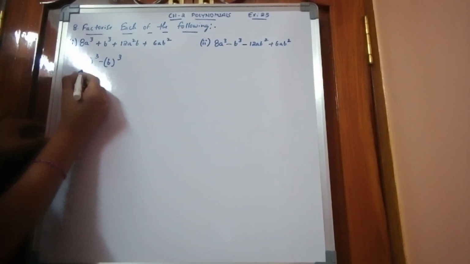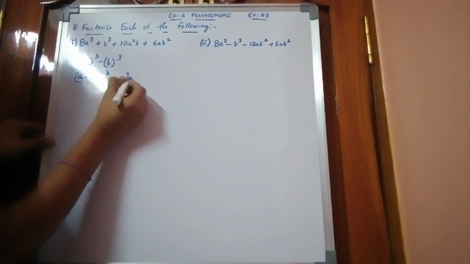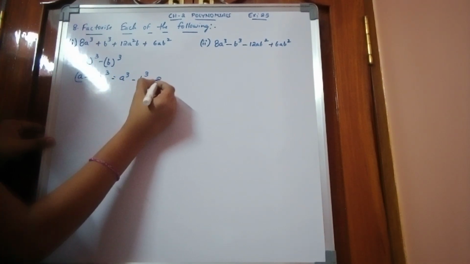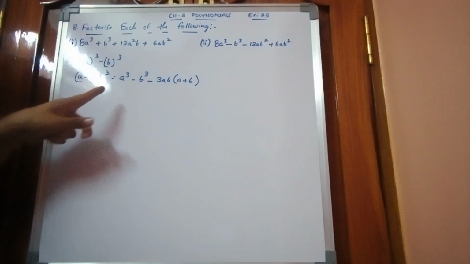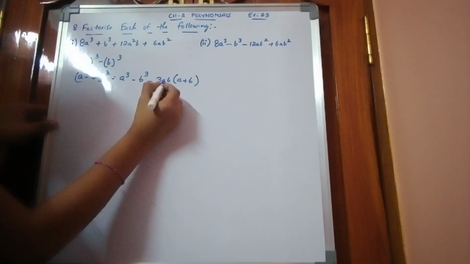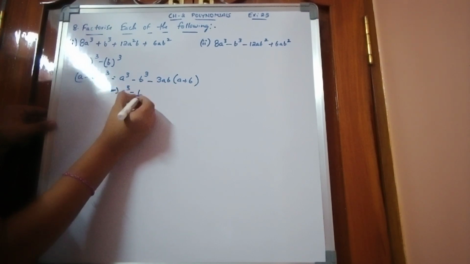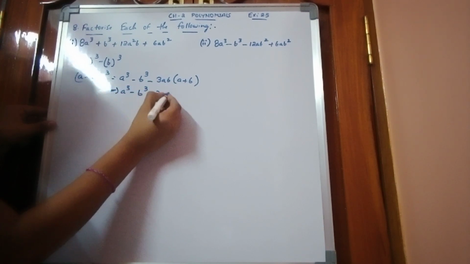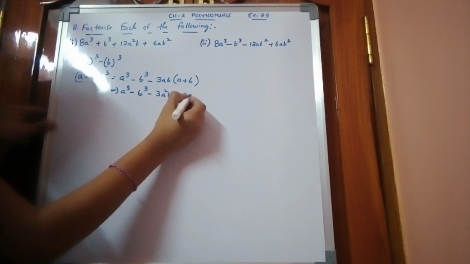So write the formula: (a minus b) whole cube is equal to a cube minus b cube minus 3ab of (a minus b). So this implies a cube minus b cube minus 3a square b plus 3ab square.